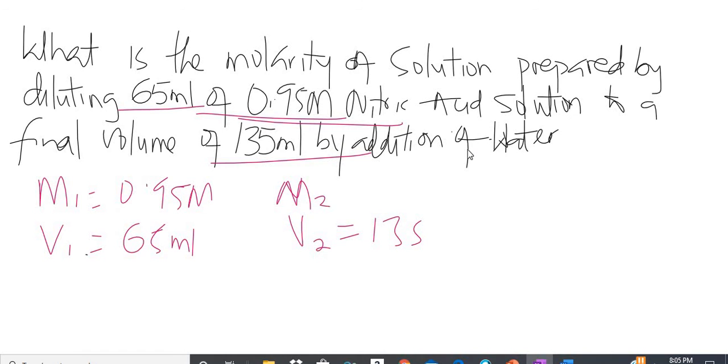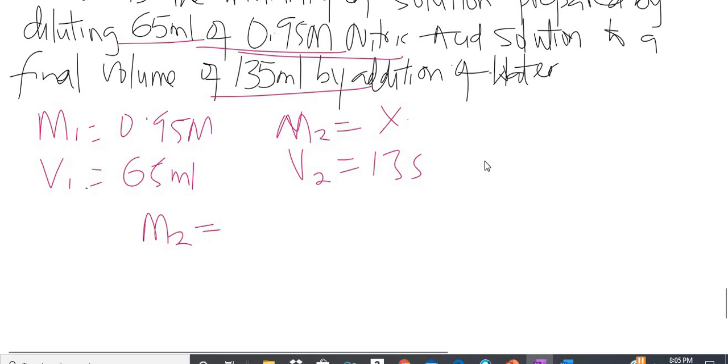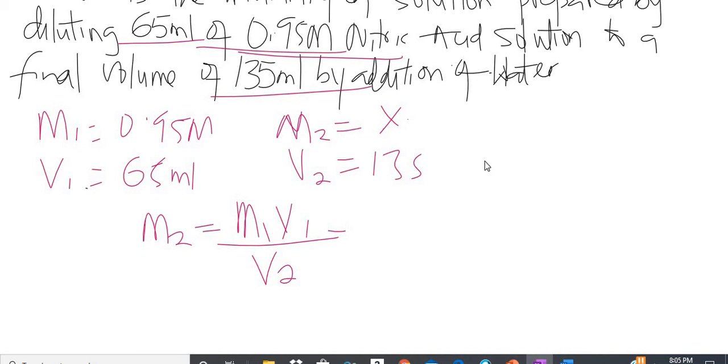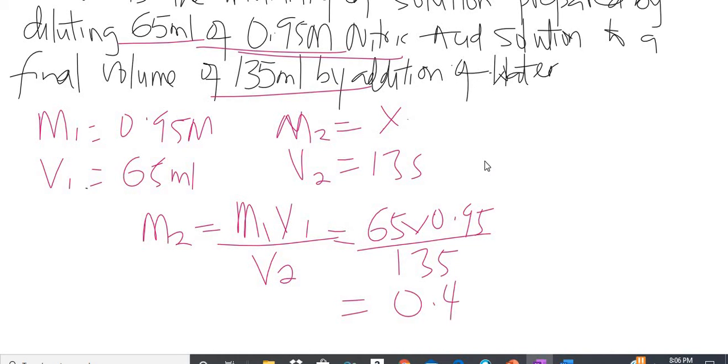We're looking for M2. Rearranging this equation, M2 is M1 V1 over V2. So that gives us 65 times 0.95 over 135, and that gives us 0.46 molar.